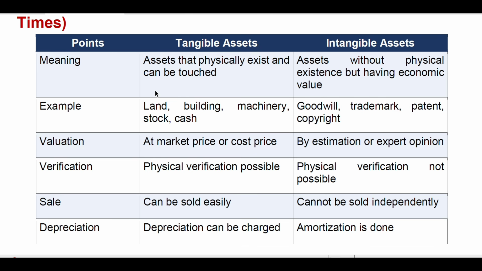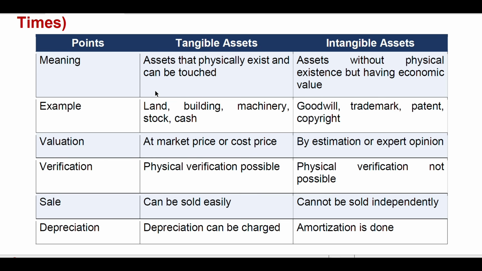Tangible assets: assets that physically exist and can be touched, like land, building, machinery, stock, cash, etc. Valued at market price or cost price, physical verification possible, can be sold easily. Depreciation can be charged.